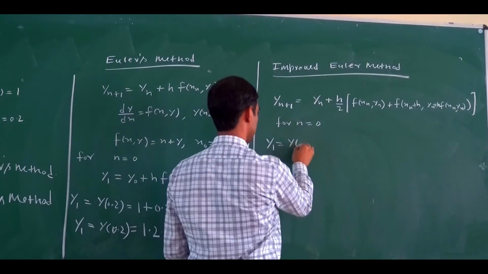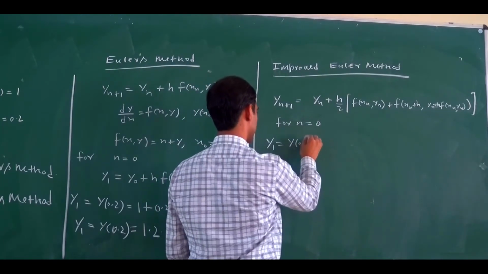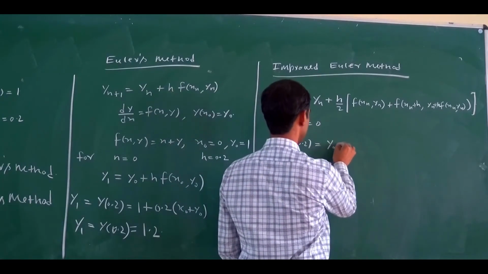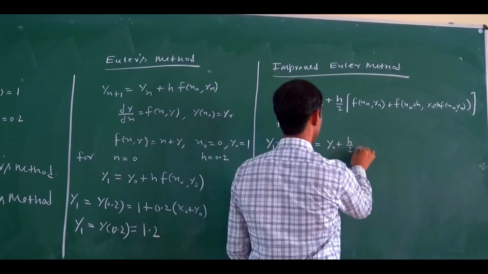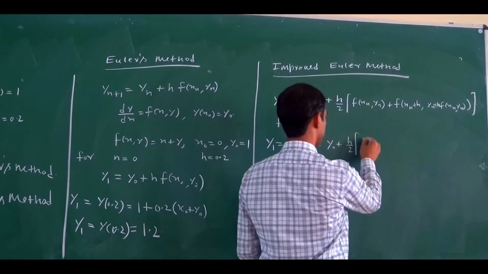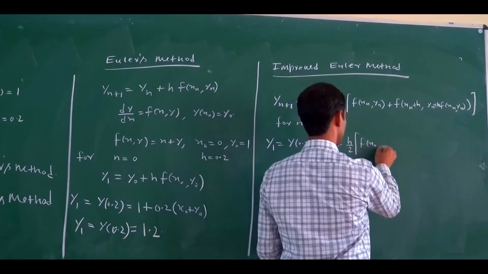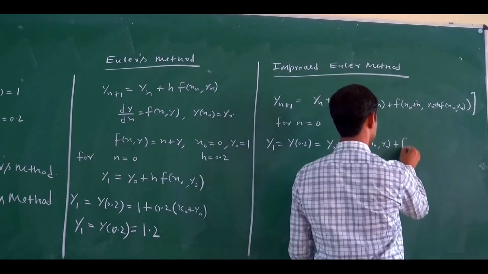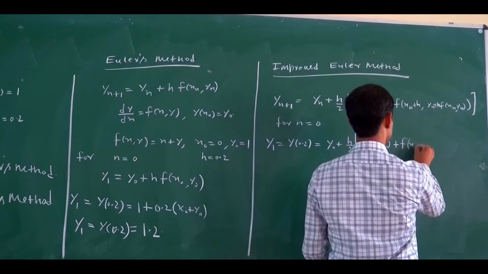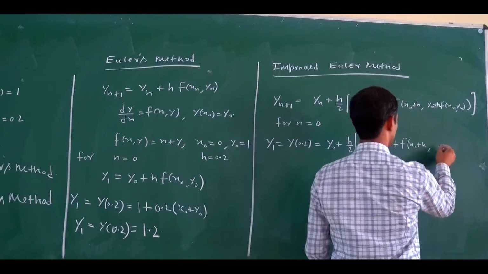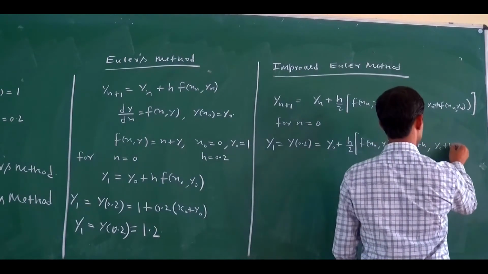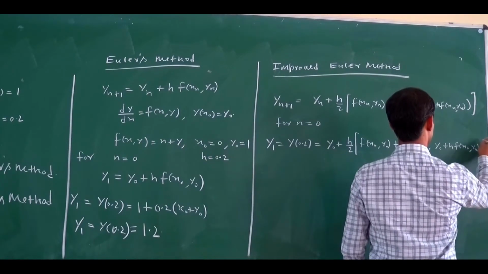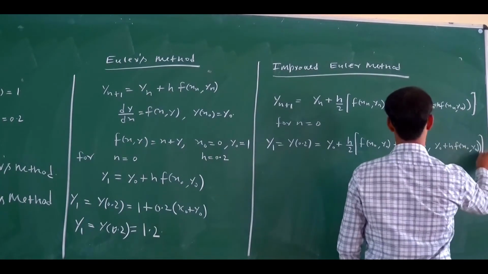For n = 0, y1 = y(0.2) = y0 + h/2 [f(x0, y0) + f(x0 + h, y0 + h f(x0, y0))].